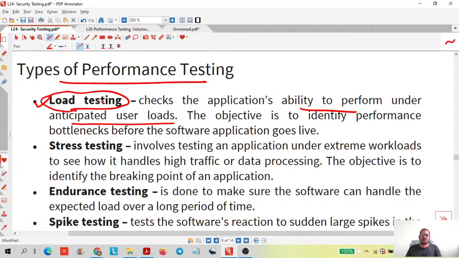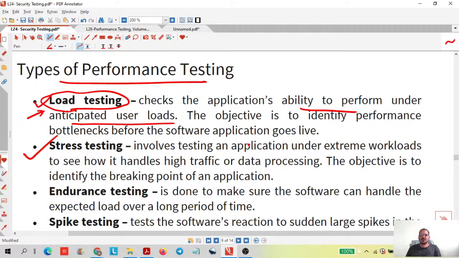While uploading, sometimes it gives an error if you upload a document larger than a particular file size. So it depends upon the user load.